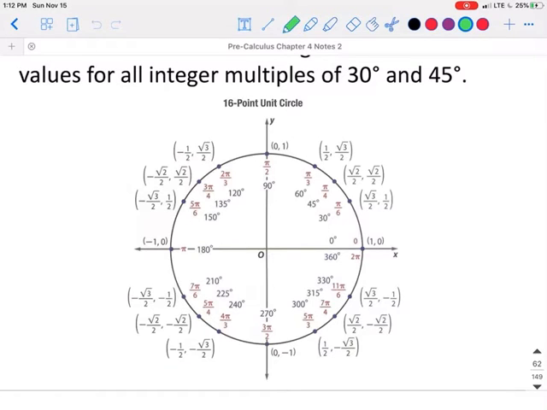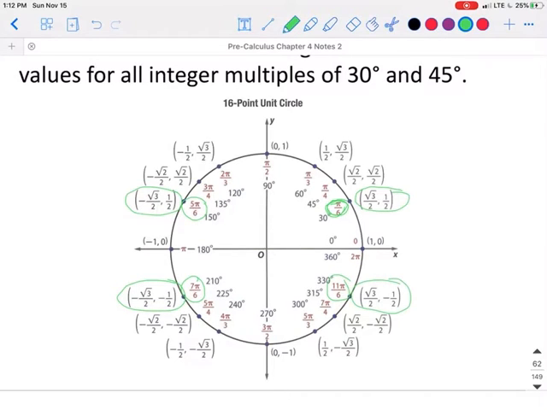Now, if you notice a pattern, for all the ones that have a pi over 6, so if there's a 6 in the denominator, they are all going to be radical 3 over 2 and 1/2. You just are going to have to pay attention to what quadrant they are in.